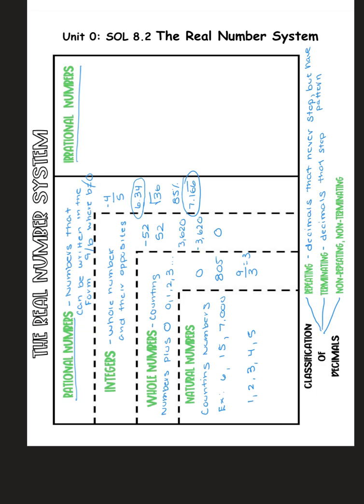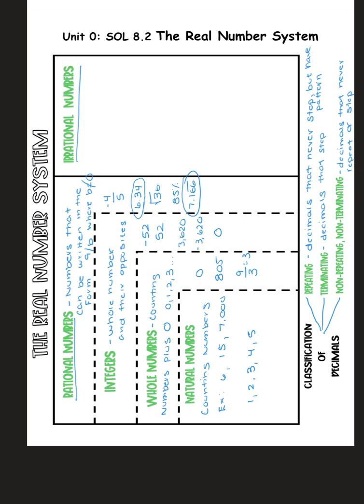Non-repeating and non-terminating decimals are decimals that never repeat or stop. These fall under the category of irrational numbers.